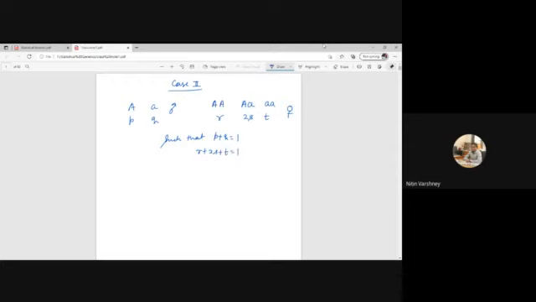Now, the gene frequency of A of female will be what?